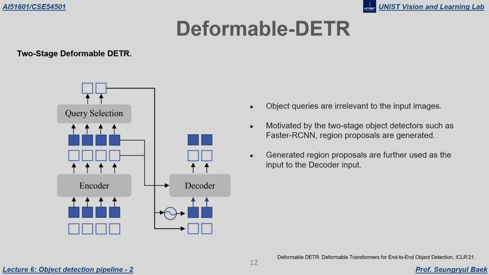And another thing we have to remember is that the deformable DTR is also concerning the object queries, okay? Here, it is the object queries. The decoder input is object queries, right? Here, the input is image feature, okay?